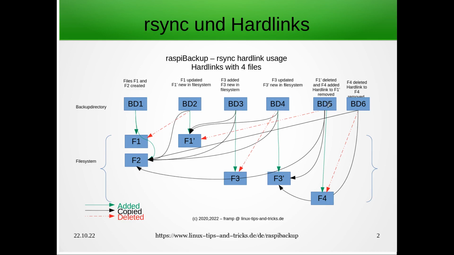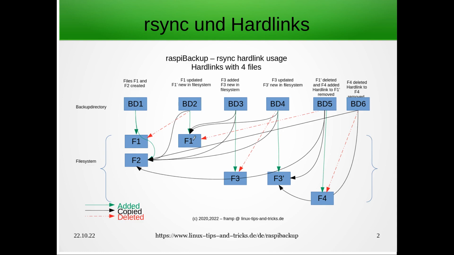Next, in the source, the modified file 1 is deleted, and another one, file 4, is added. So what happens now? rsync detects file 1 is deleted. I show an arrow saying, okay, it's deleted.